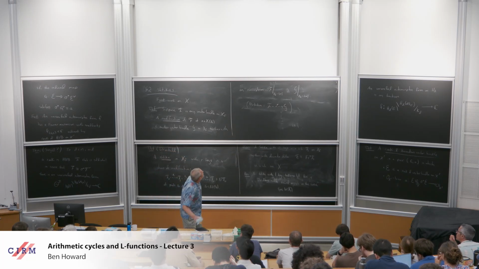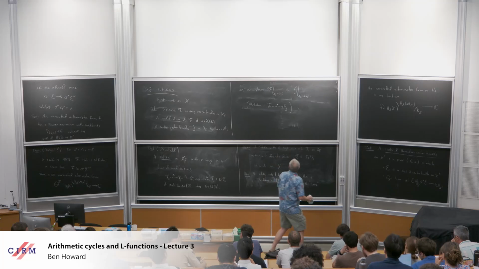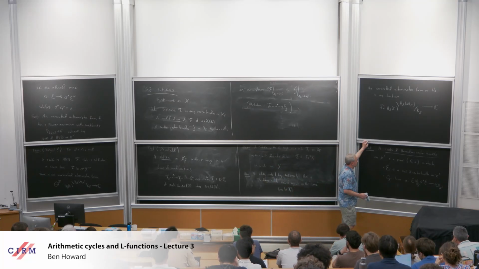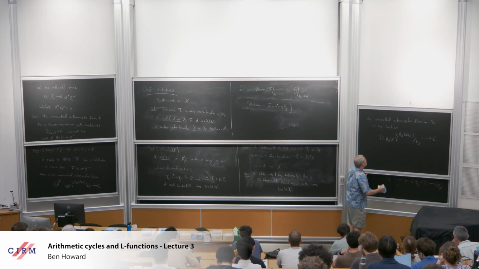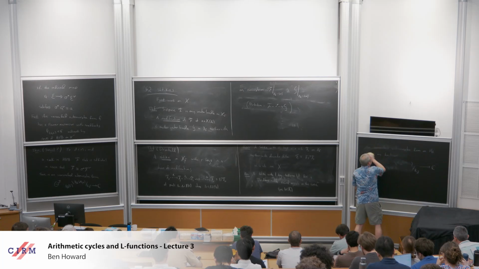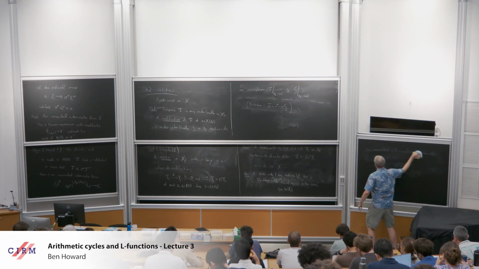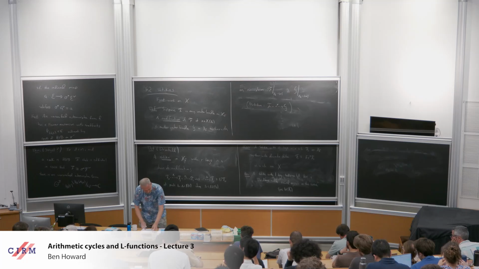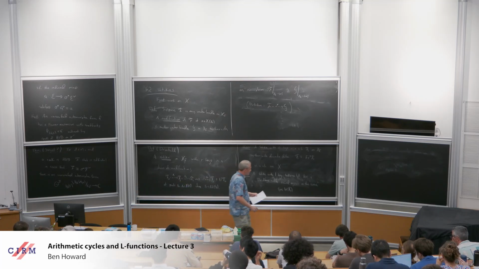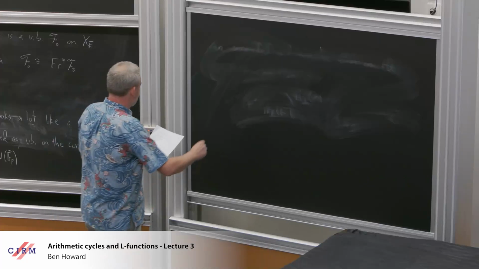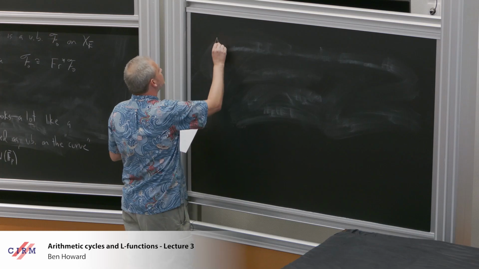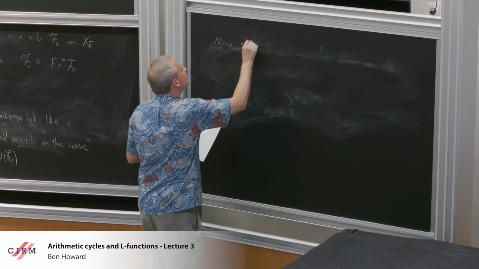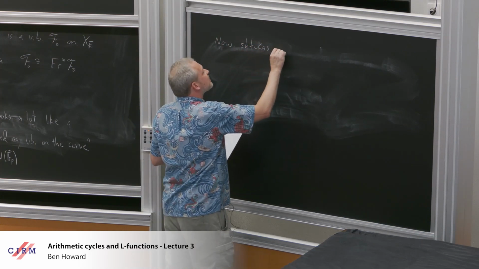But we want not just GL_n shtukas, but U_n shtukas. So we have to do shtukas, but slightly more complicated, but not too much more complicated. So now, shtukas with Hermitian structure.